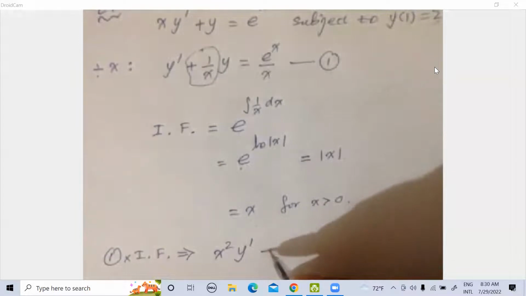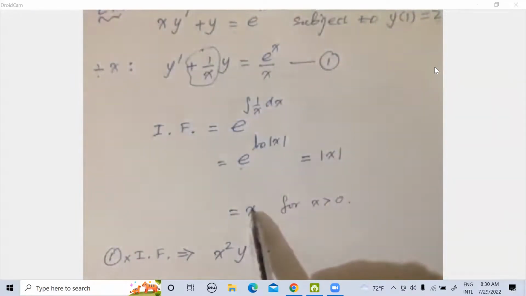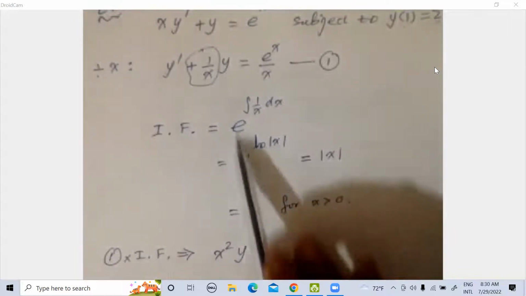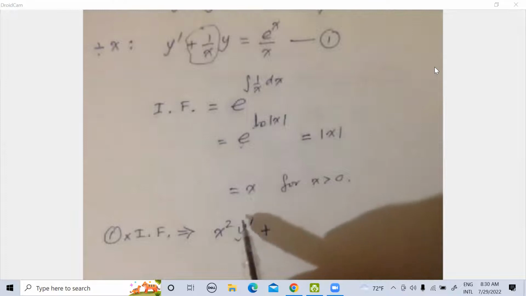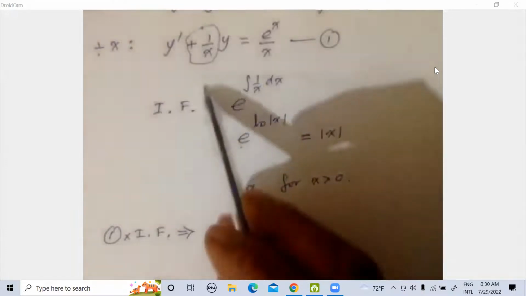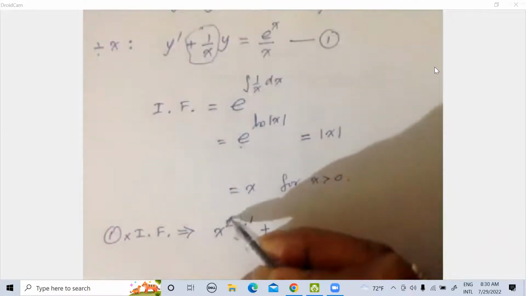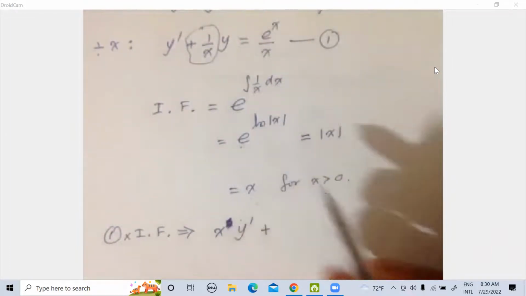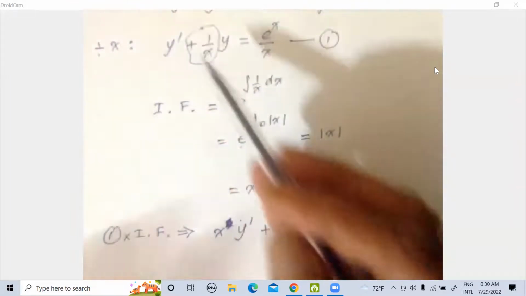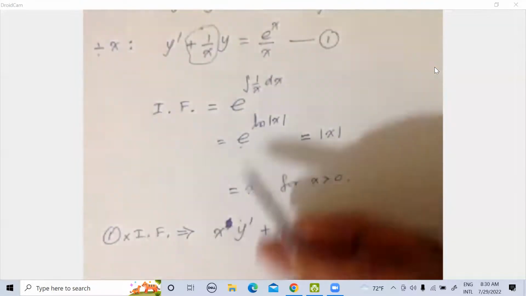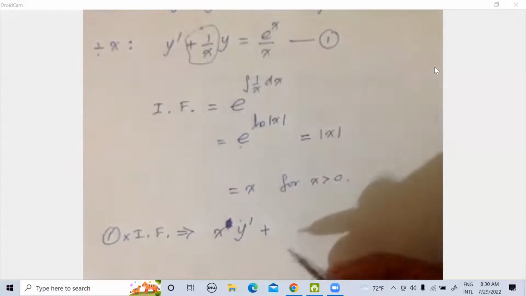Plus, what is the next term? Multiply this equation by the integrating factor, x. So this is wrong. This is just x, xy dash. I have to multiply this. So it comes back to the original equation. That's okay. We need to identify the integrating factor.